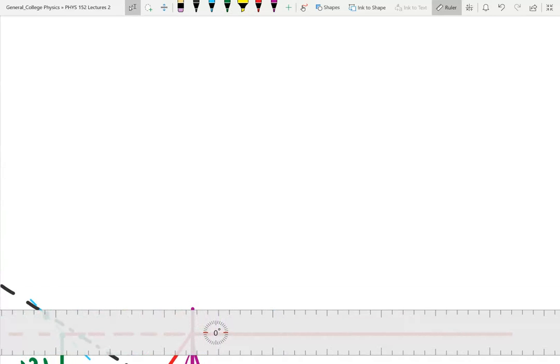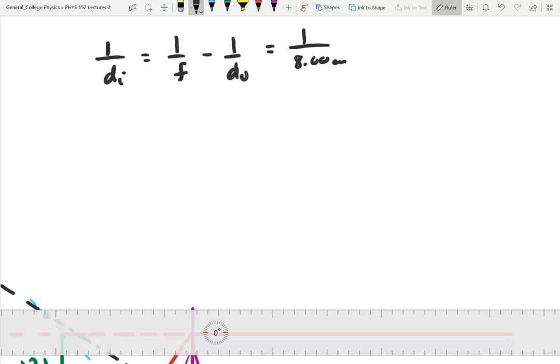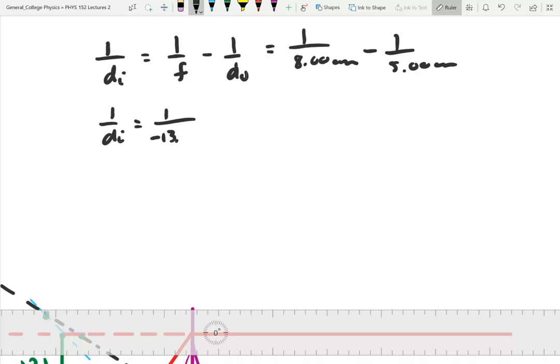Now comparing that to theory, I'm just going straight to the same: 1 over distance image equals 1 over f minus 1 over distance object equals 1 over 8.00 centimeters minus 1 over 5.00 centimeters. And when you put that in the calculator, you get 1 over distance image equals 1 over minus 13.3 centimeters.